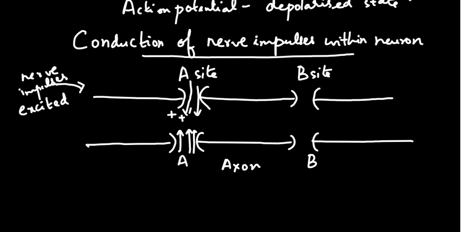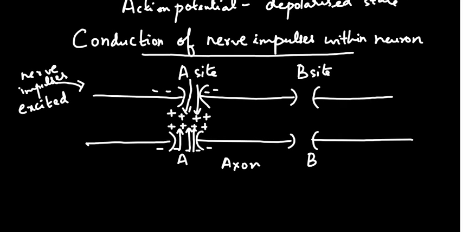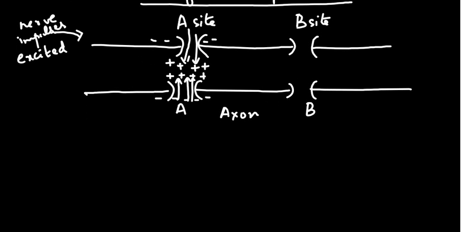Now when it is positively charged inside, that means the outside will be negatively charged. Therefore, the A site is said to be depolarized, and the potential difference is called the action potential.